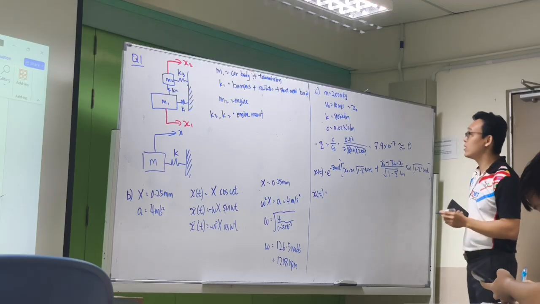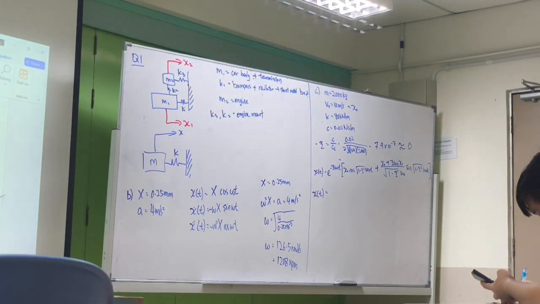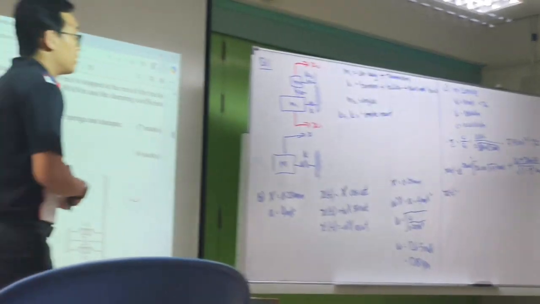Okay, now the initial displacement. Do we have the initial displacement? Okay, we don't have initial displacement, so we take it that this train will reach here at a speed of 10 meters per second, which is the initial velocity.